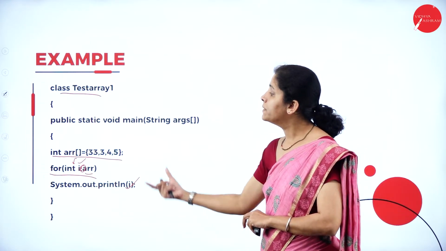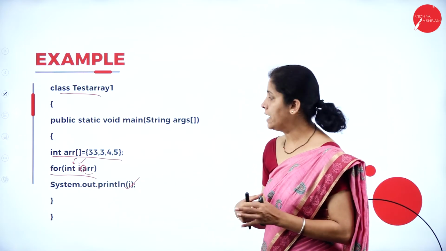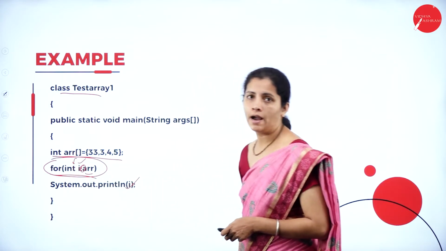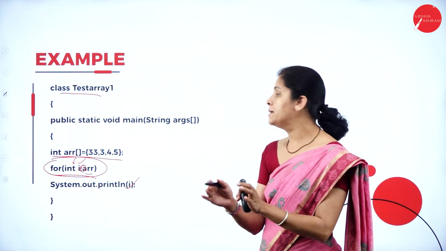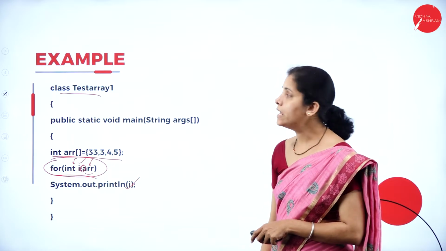So for each is mainly meant for an array. This is the format I'm going to have: for, specify the data type and variable name, colon, then the array name.